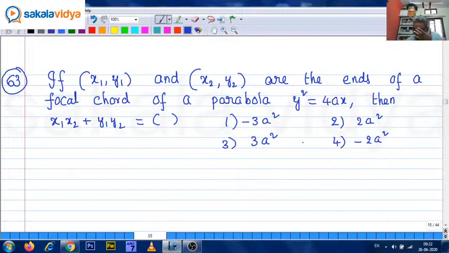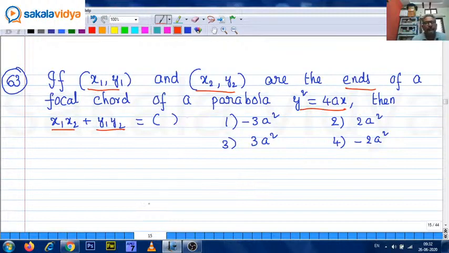This is the question. So if (x1, y1) and (x2, y2) are the ends of a focal chord of the parabola y square is equal to 4ax, then we need to find x1 x2 plus y1 y2.